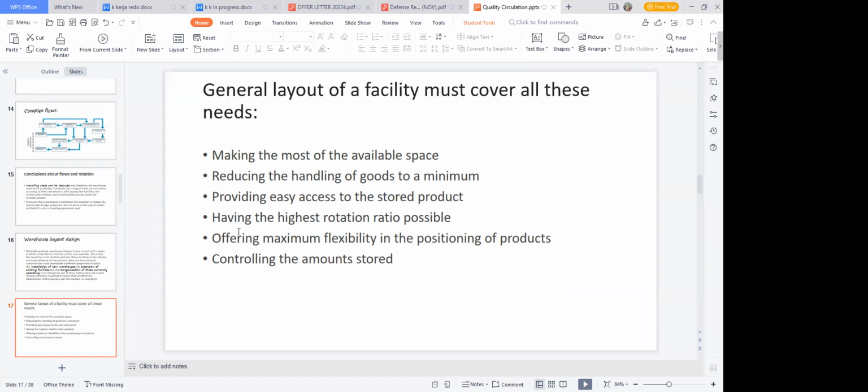You must come up with a very good layout design, providing easy access, having the highest rotation, offering maximum flexibility, and controlling the amount stored. All this must be answered by the best layout chosen and practiced by the company.